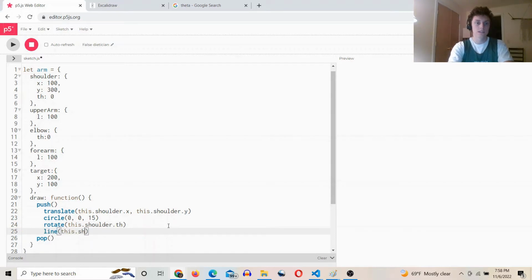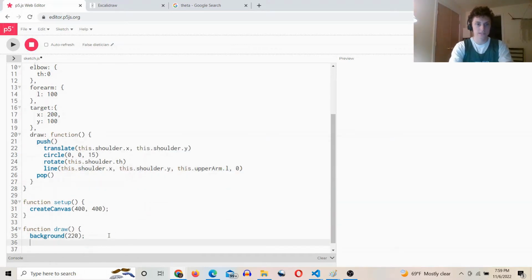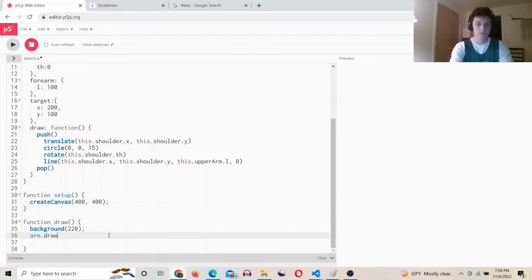Since we've rotated our whole coordinate system, we can just draw a line along the x axis by this.upperArm.length, and nothing in the y direction. So let's see what this looks like. Let's say arm.draw.